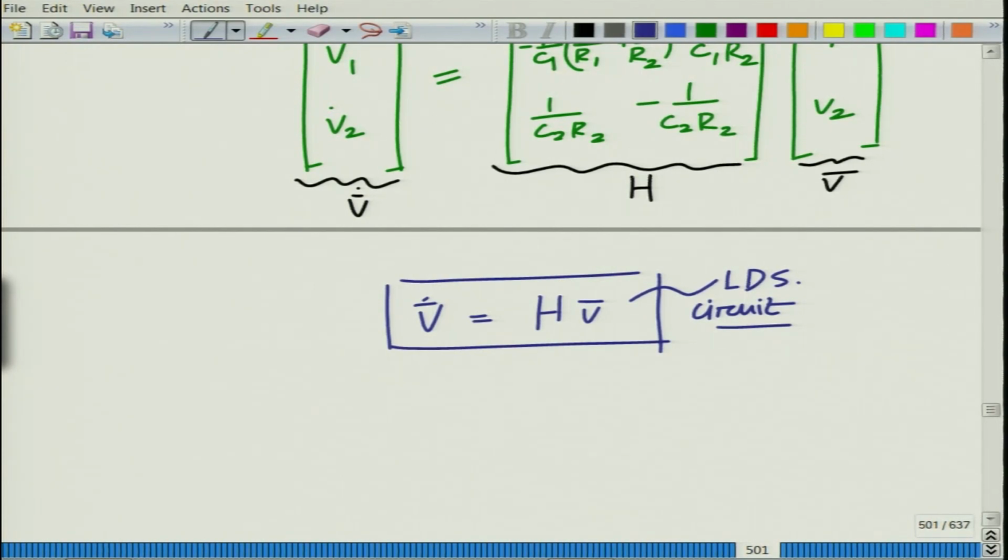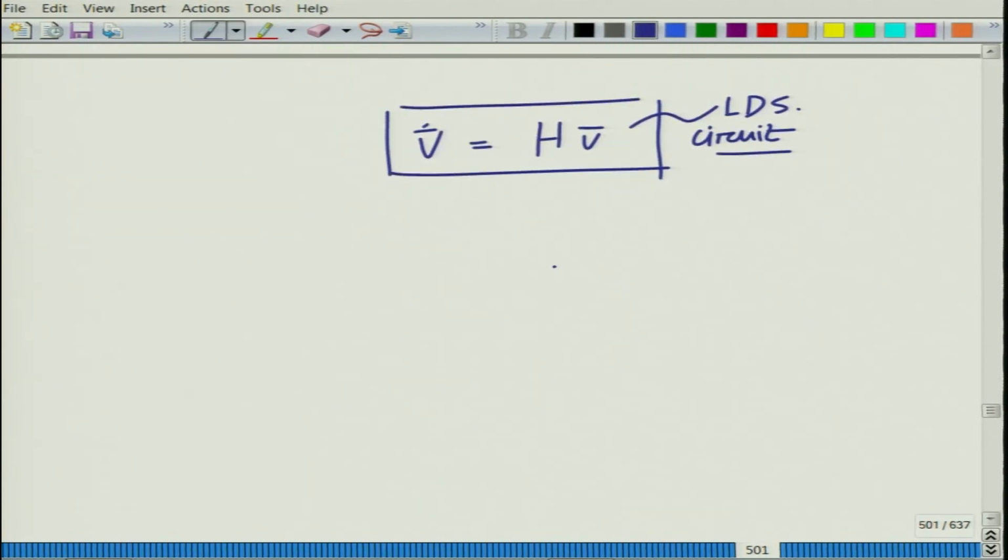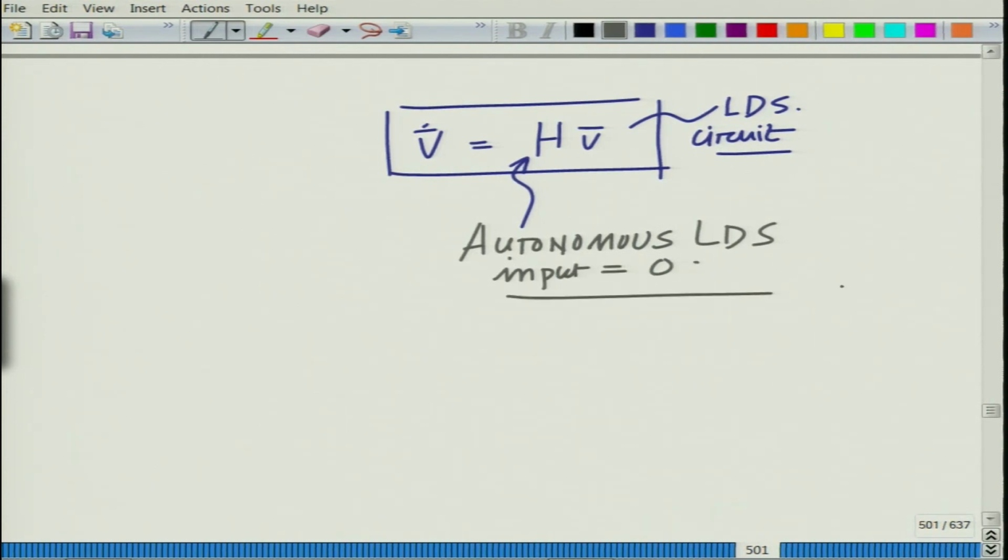Remember, this is not just any LDS, but an autonomous LDS, because the input is 0.